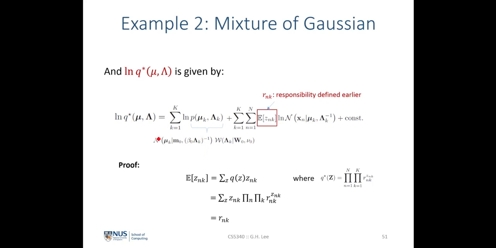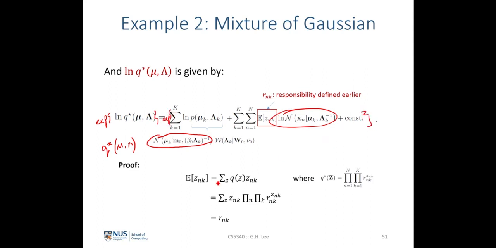Now we can merge these two terms together since they are both normal distributions. Then we derive the expression for the optimal solution of mu and lambda for Q by taking the exponential on both sides of this particular equation.